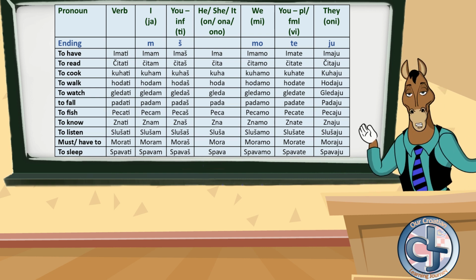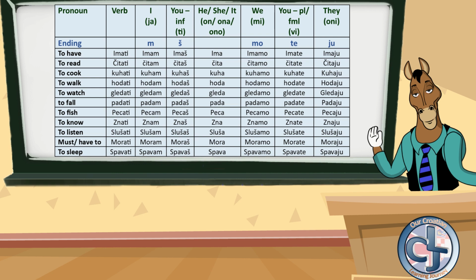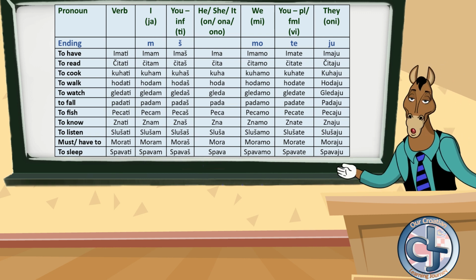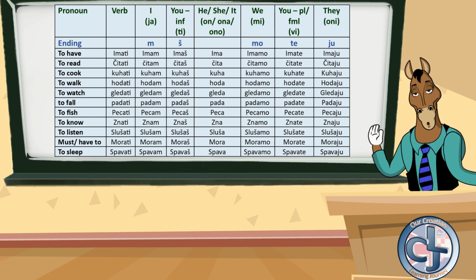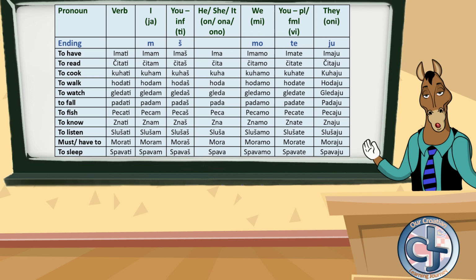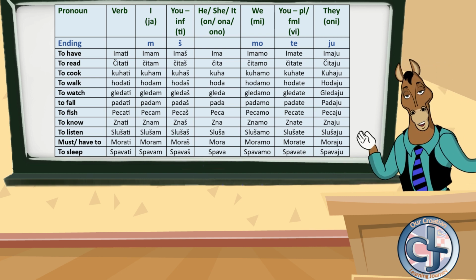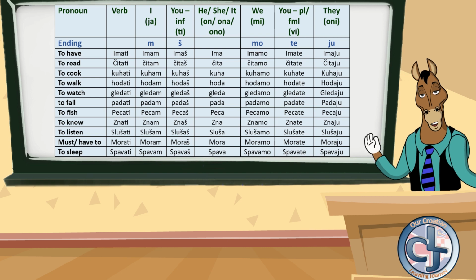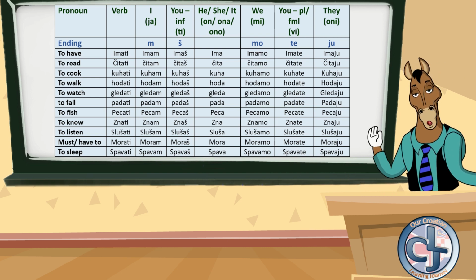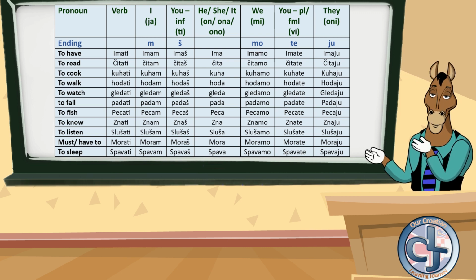We is imamo, čitamo, kuhamo, hodamo, gledamo. You, formal and plural, is imate, čitate, kuhate, hodate, gledate. And they is imaju, čitaju, kuhaju, hodaju, and gledaju.